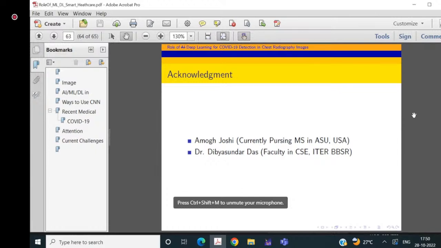Also, there are some other areas where we can focus, like how to design a CNN, because designing a CNN itself is a very tough task, right? Whenever you are adding a new layer, there may be 10 possibilities for what type of layer you should add.